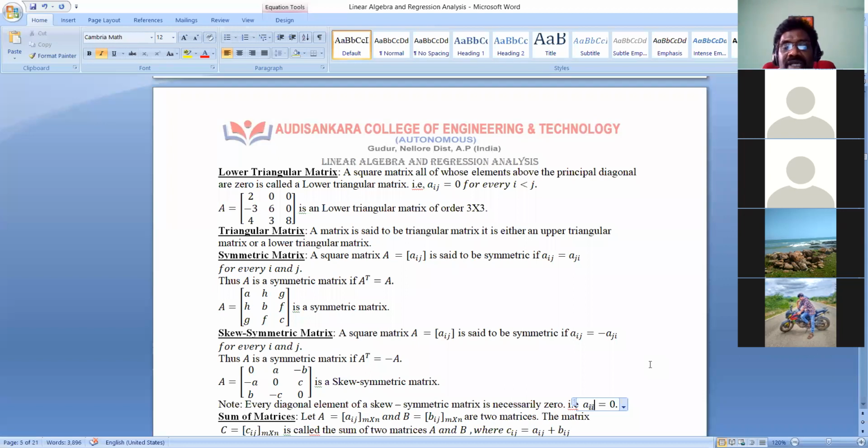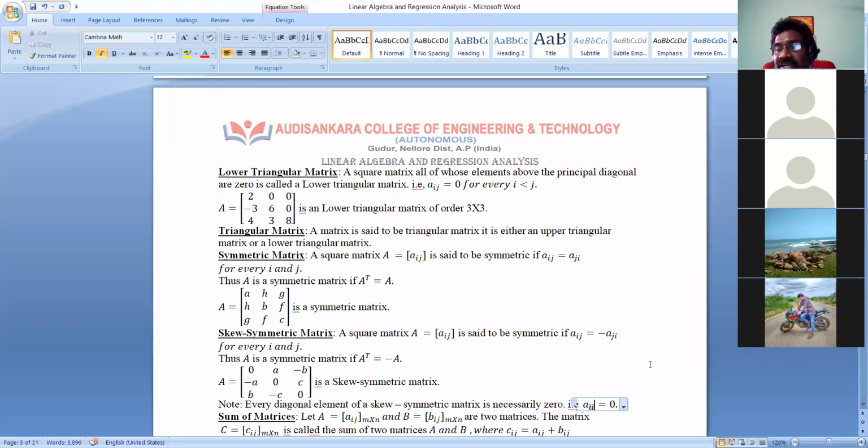Suppose, for example, A and B are two matrices. The number of columns in A is equal to the number of rows in B. Then only is there a possibility of multiplying AB. If BA also exists, then the two matrices must be of the same order.